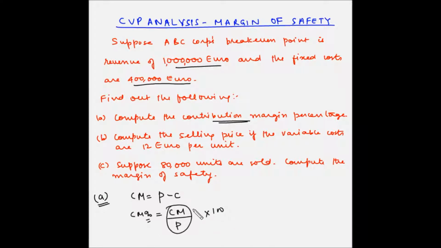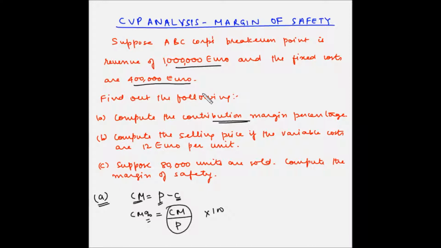Now, in our case, we don't know the contribution margin. We don't even know the unit selling price or the unit variable cost. However, what we know is that the break-even point in terms of revenue is 1 million euro and the fixed cost is 400,000 euros. So now we have to find out a relationship between the contribution margin percentage, the break-even point, and the fixed cost.